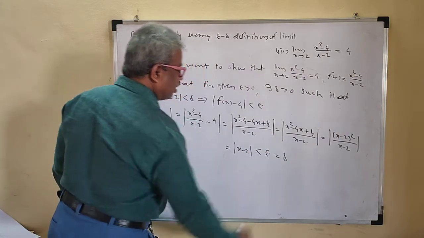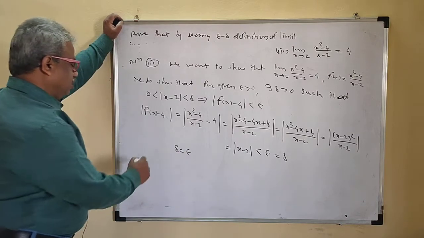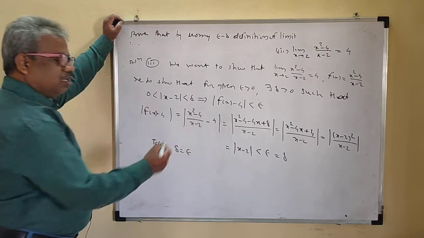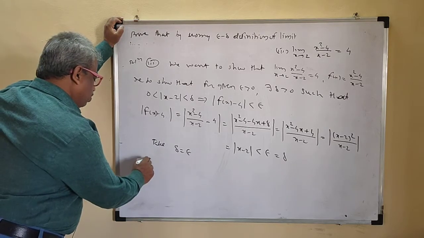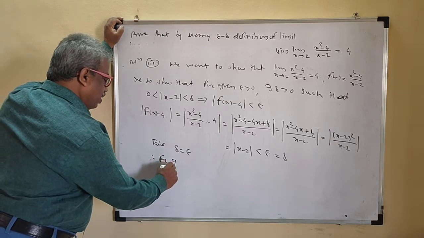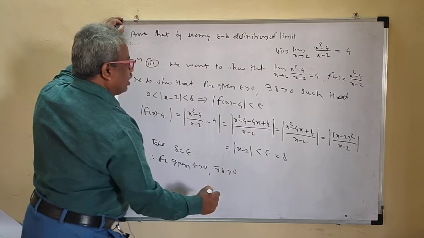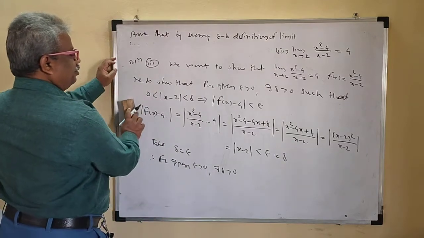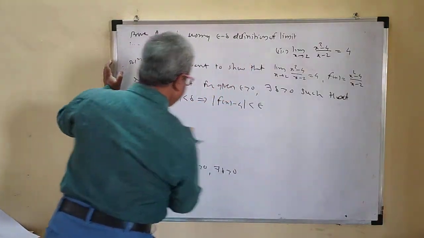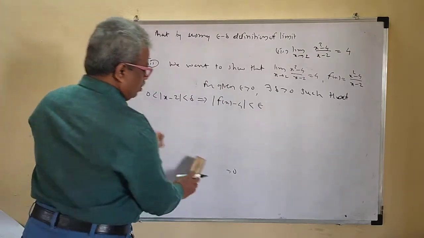So this is your delta now. So your delta is epsilon. Take delta here: x minus 2 is less than epsilon, so that you can take delta. So therefore, for given epsilon greater than 0, there exists delta greater than 0 such that we can directly write this.